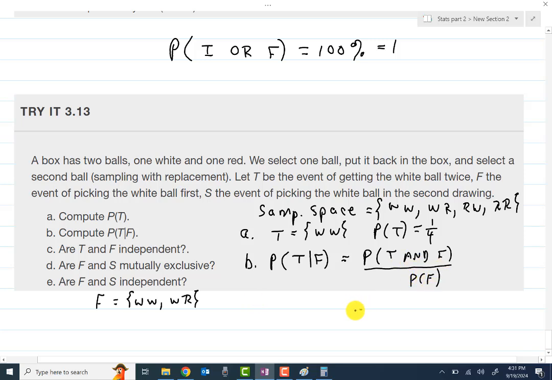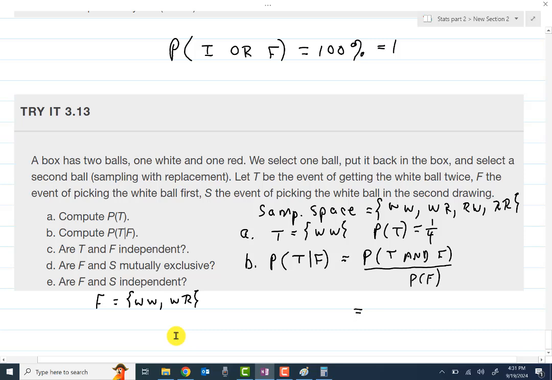All right, so the probability of T and F, that means T is true, so getting the white ball twice, and F, meaning it was first. So both of these have white ball first. So if you look at F, then we have these items. T is WW. The only thing in their intersection is WW.